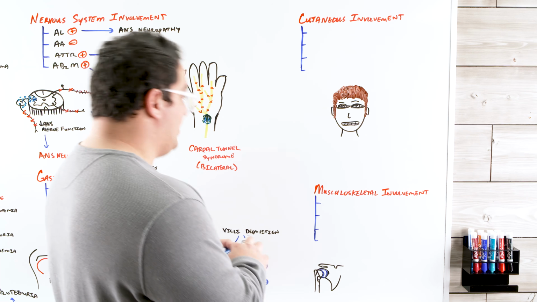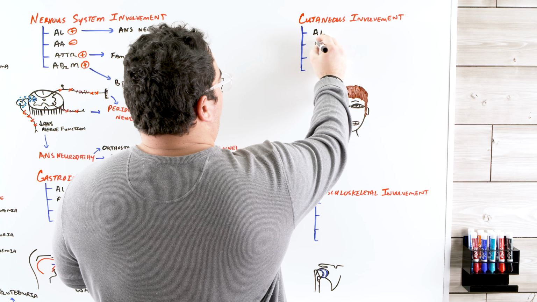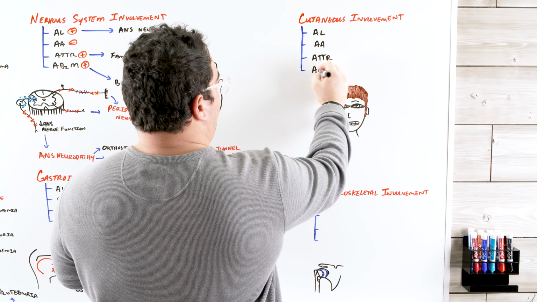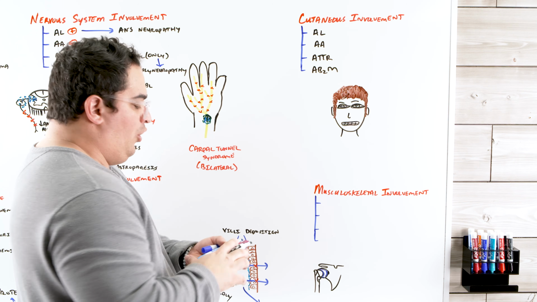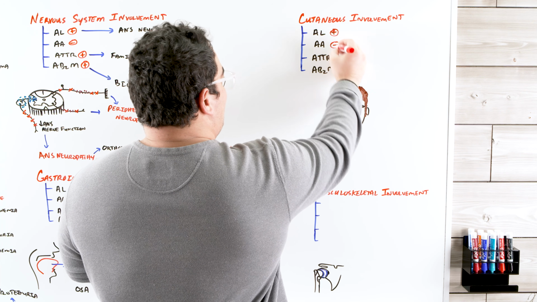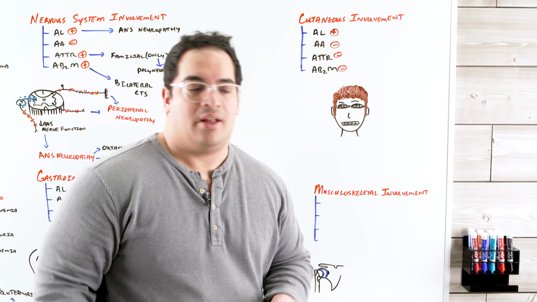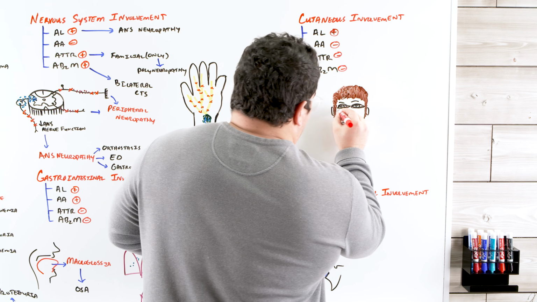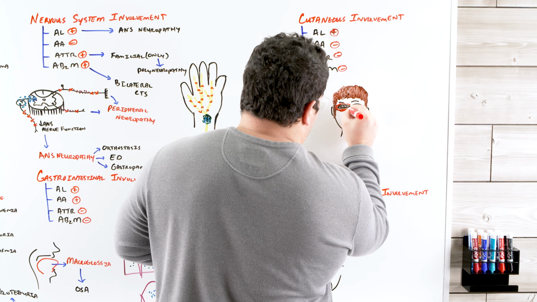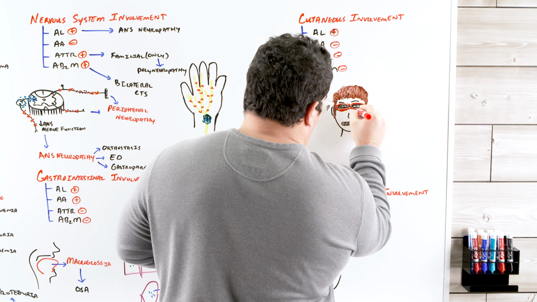When we talk about how it presents in patients with amyloidosis, you have, for example, AL, AA, ATTR, and also A beta-2 microglobulin. Really, the one I want you to remember is going to be this one. These others don't really have any significant cutaneous involvement. This is the primary one I want you to consider. The concept here is that you're going to get this kind of bruising, but it's going to stay in the periorbital area, and that's the classic look.